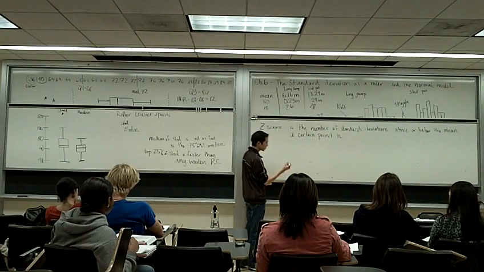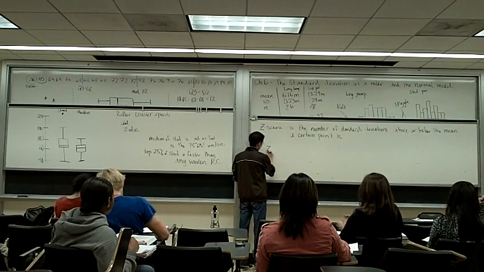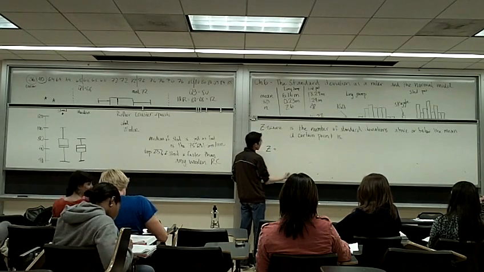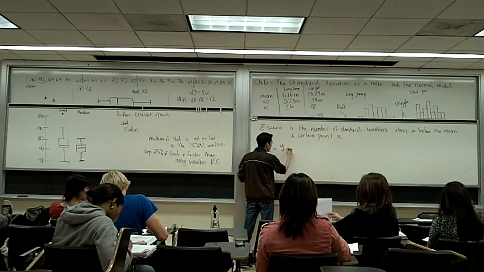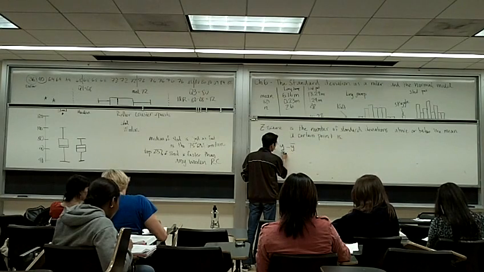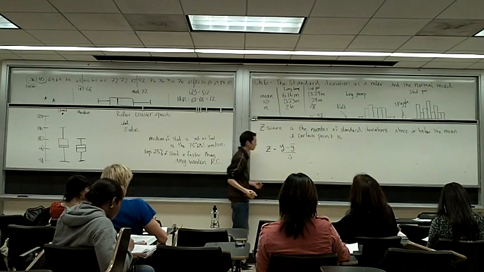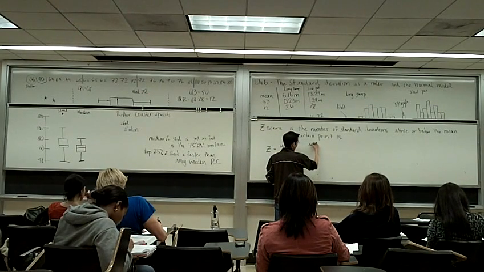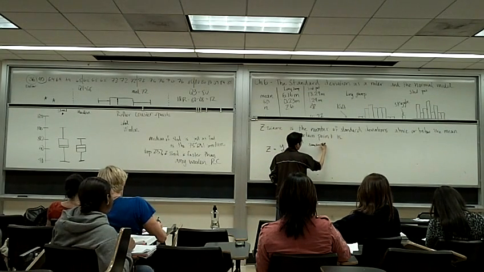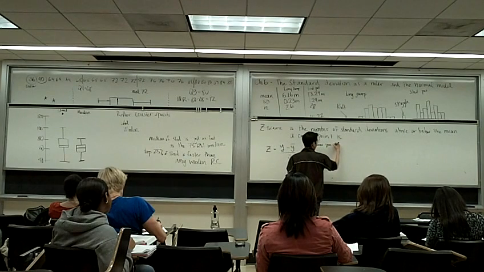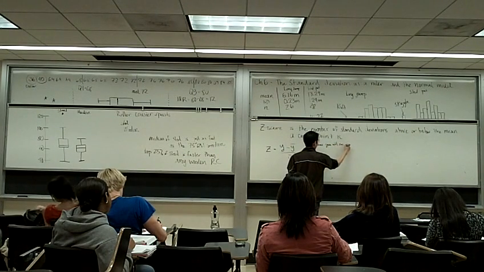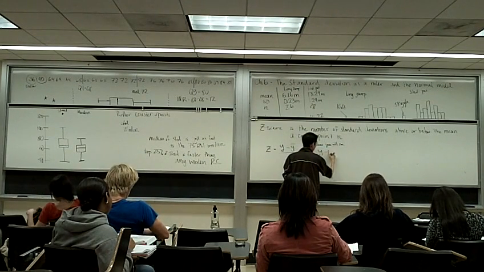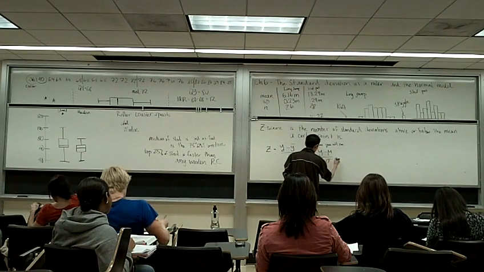So the formula for a z-score is given by y minus y bar divided by s. Okay? Let me also write, sometimes you will see y minus mu divided by sigma, okay?